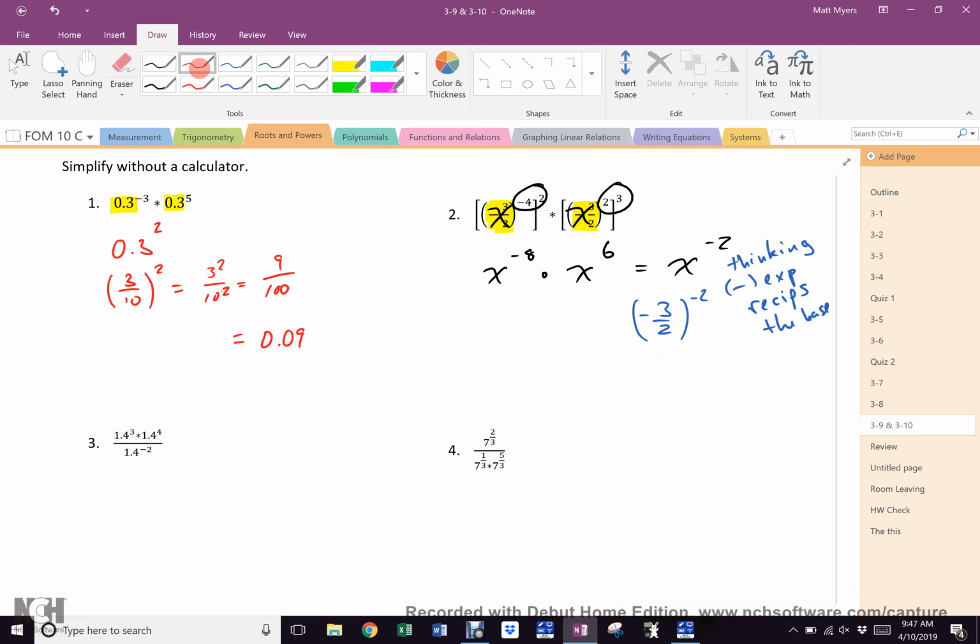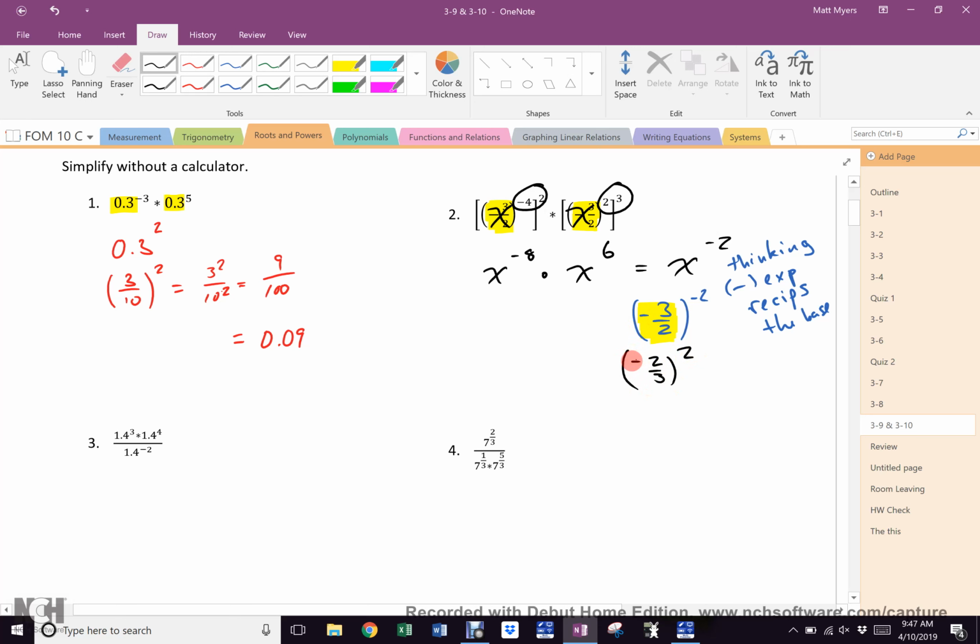And this is where you're going to make your mistake. What does this base become when I reciprocate it? It becomes negative 2/3 to what power? Positive 2. Please notice the base stayed negative.